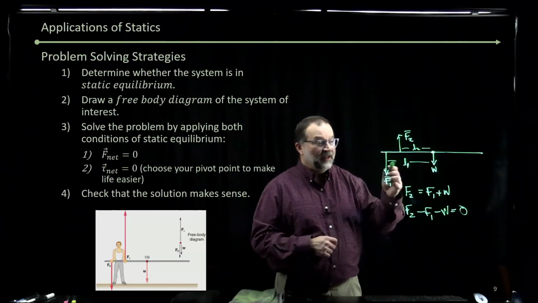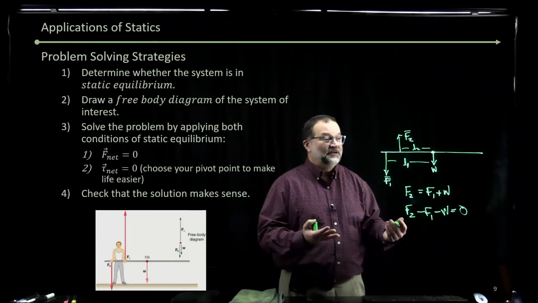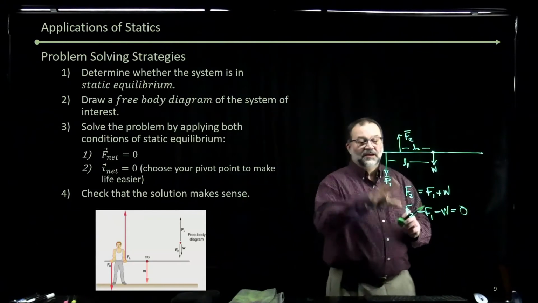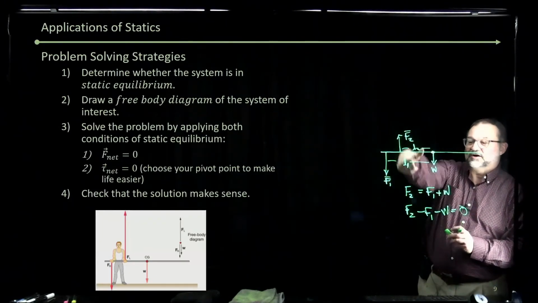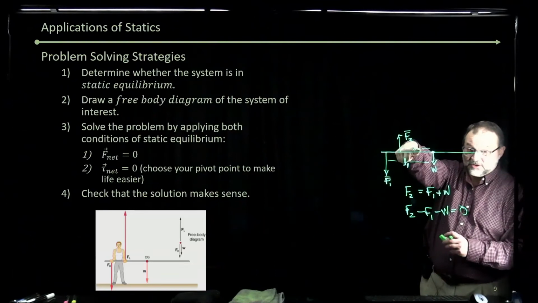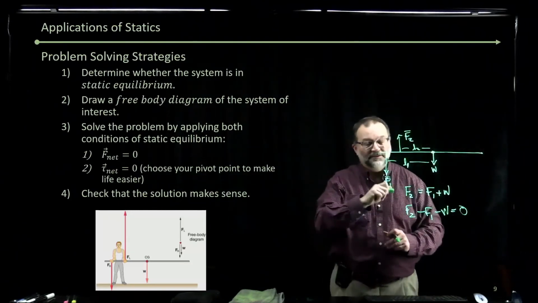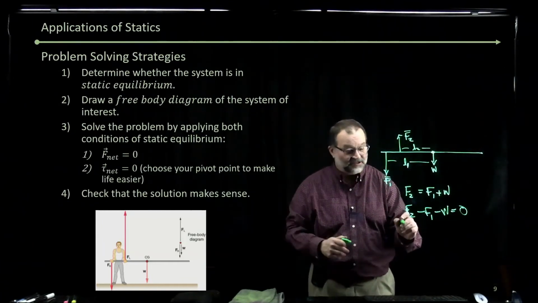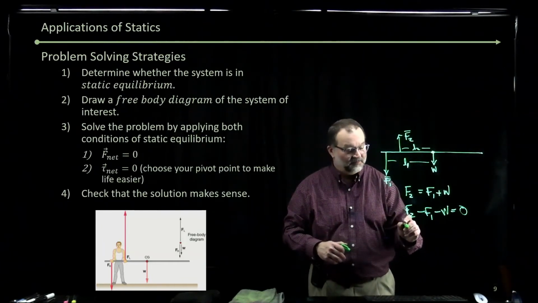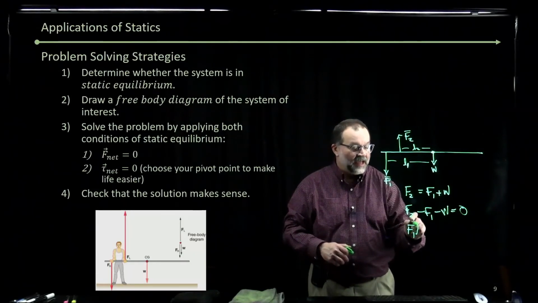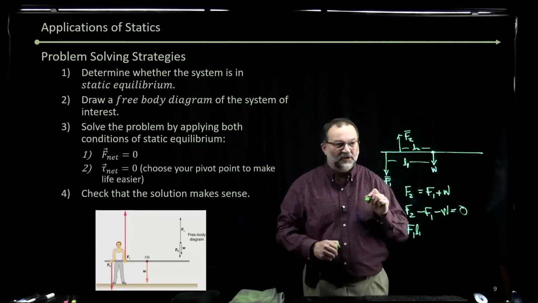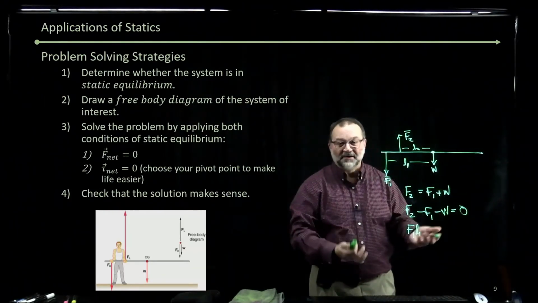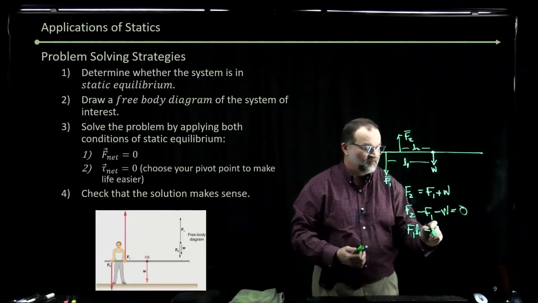Okay, now I have to write another equation. F1 is downward, and so F1 is going to cause a counterclockwise rotation. So F1 L1 is a positive torque, and then F2 is going to cause a clockwise rotation, and it's a negative torque.